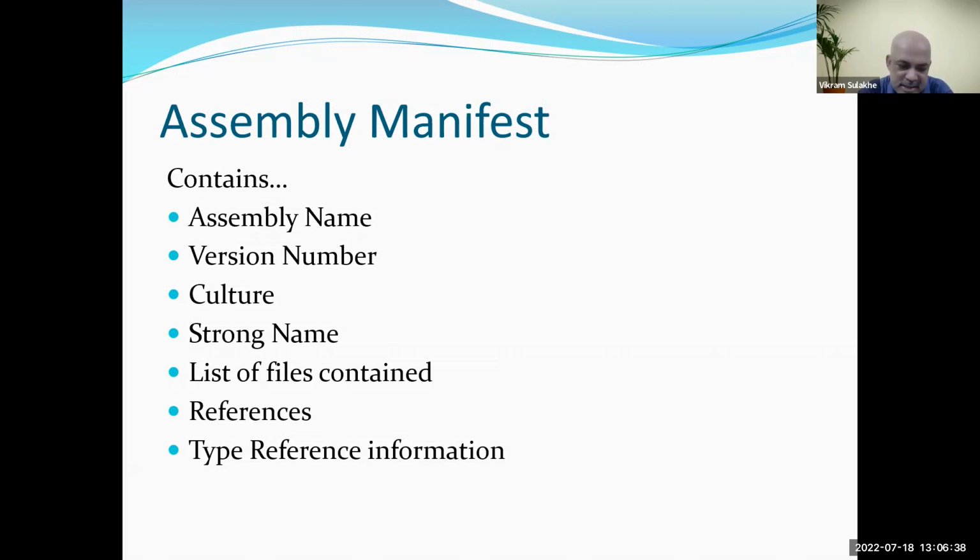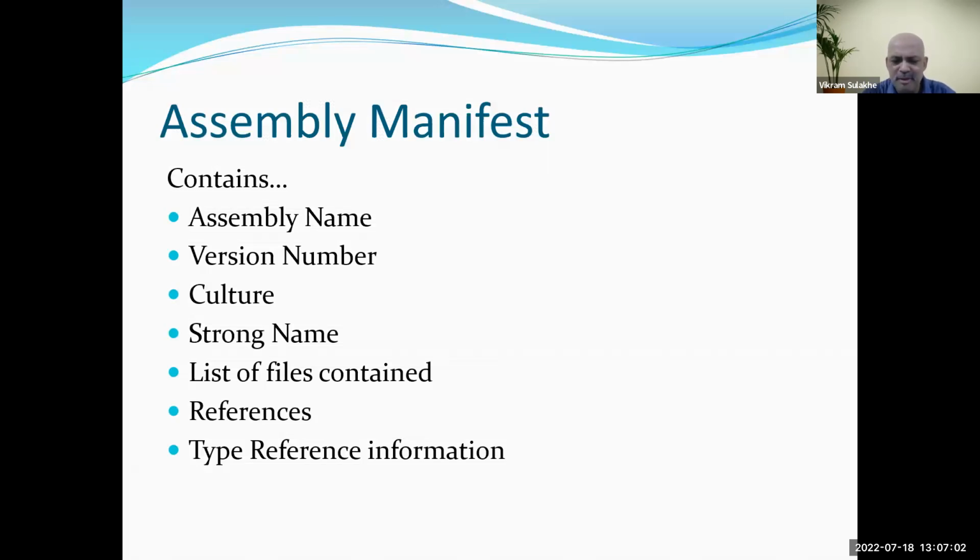What is the culture of this assembly? Then strong name. Again, we'll be looking at this a little later. At this point, I don't want to get into strong name. But basically, it's a name used to uniquely identify an assembly. Right? The list of all the files contained, list of references. I'll explain to you references. All of this may not make a lot of sense right now. Right?